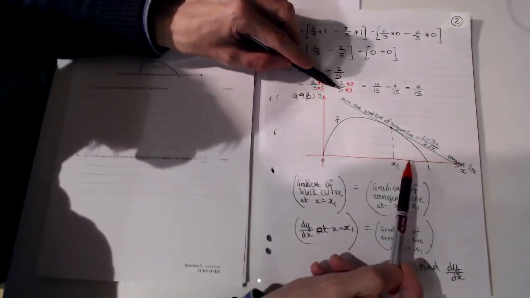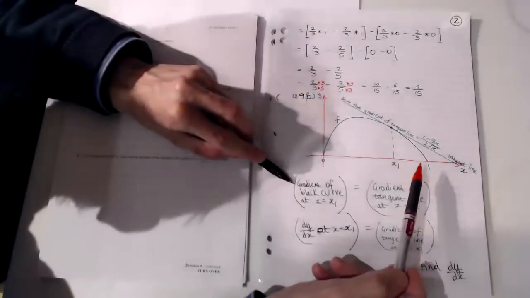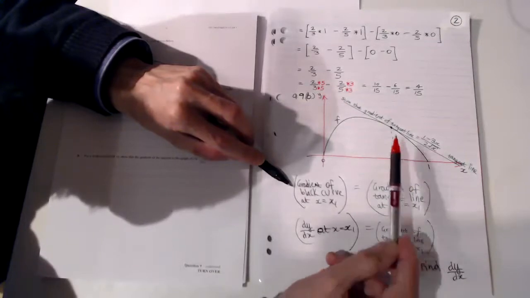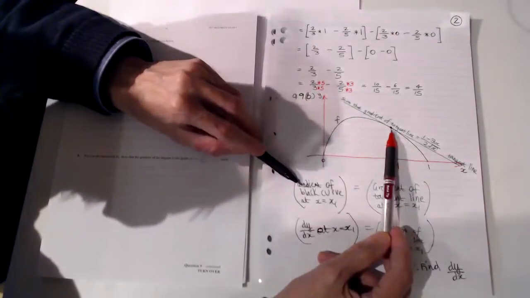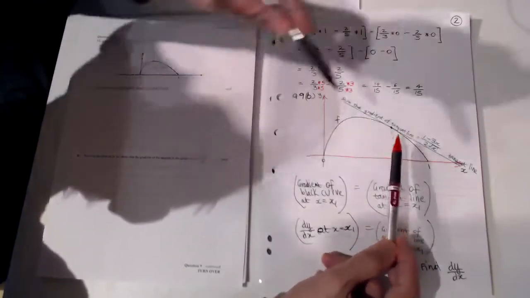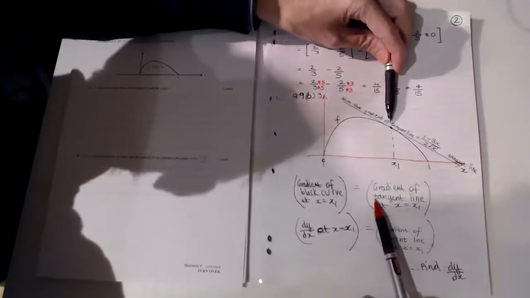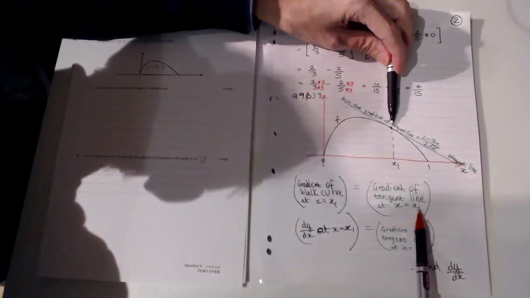Now, how do you answer this question? By taking the following path. By saying that at x equals x1, at any point x equals x1, the gradient of the black curve at x equals x1 is equal to the gradient of the green tangent line at the same x equals x1.